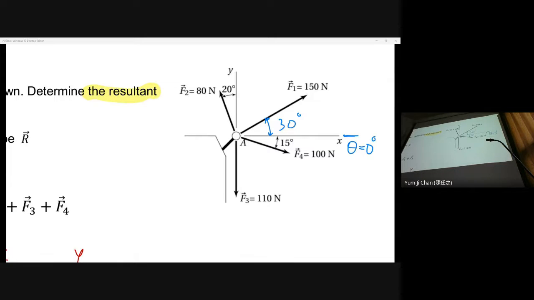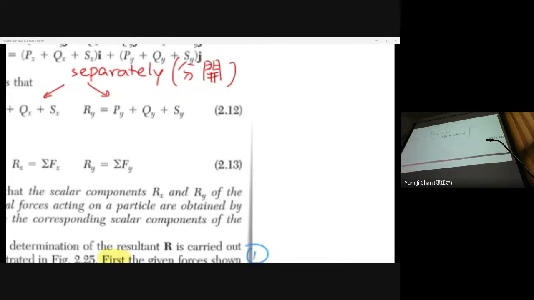Counterclockwise or clockwise? Going up. Actually I don't need to put the plus sign, but for positive theta, it is going counterclockwise.